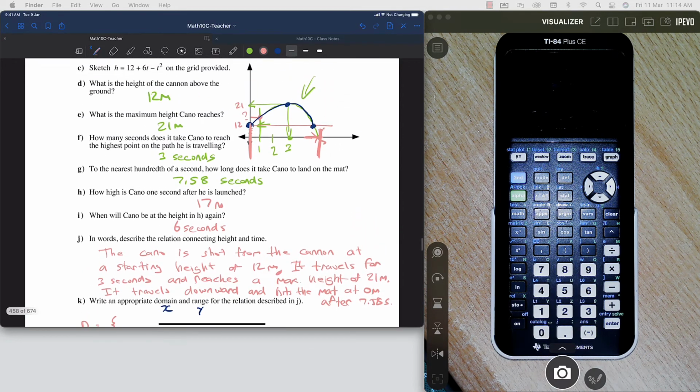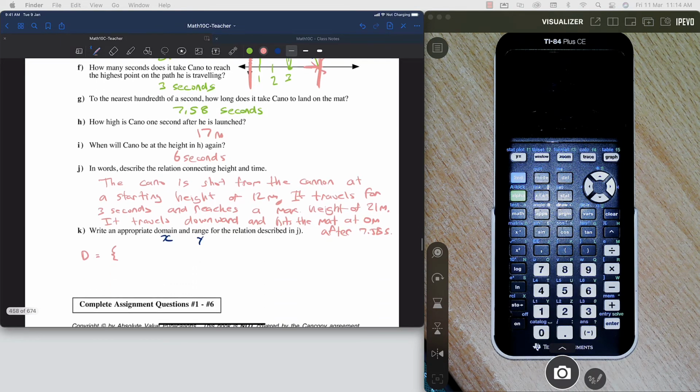It's h. No, it's t. Okay, t such that t is greater than or equal to 0 and less than or equal to 7.58, and t is a subset of all real numbers. And a little squiggly bracket at the end there.